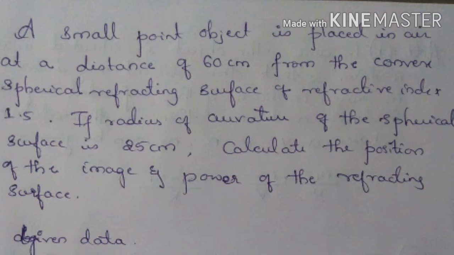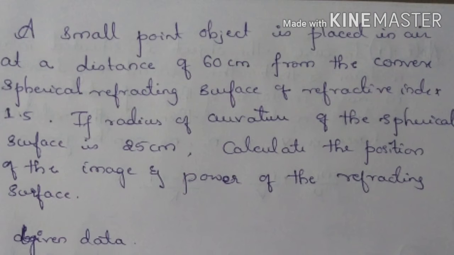So, the first question here is, a small point object is placed in air at a distance of 60 centimeter from the convex spherical refracting surface. So the object is placed 60 centimeter from the convex refracting surface, which has a refractive index of 1.5.